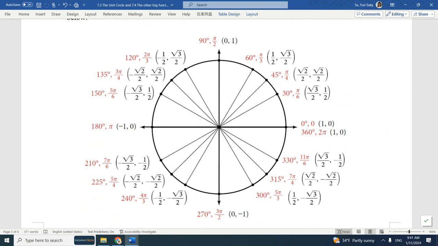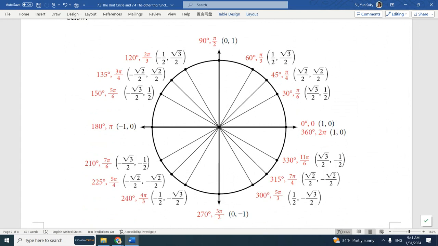This is 30 degrees, 60 degrees, 90 degrees, and then 120, 150, 180, 210, 240, 270, 300, 330, and 360 degrees.